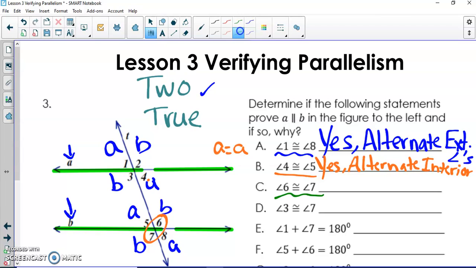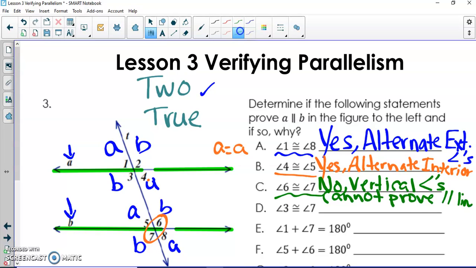But both of these are touching line B, and one of them is not sitting on line A. We are not going to be able to use this because I do not have 2 angles, one on each of my lines. So this is a no. Vertical angles cannot prove that we have parallel lines. Okay? It cannot prove it.